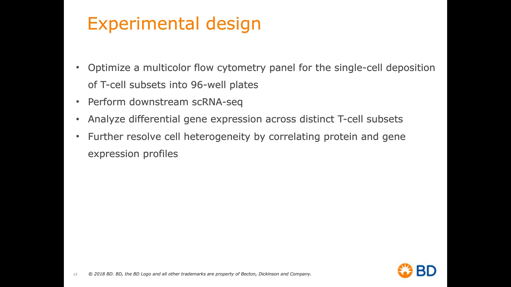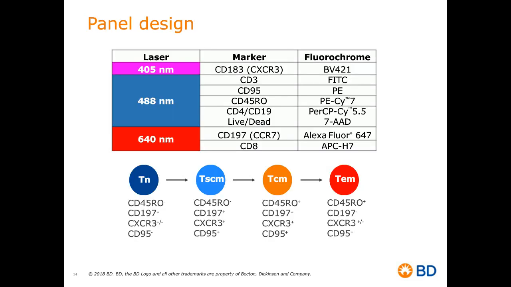Starting from the panel design, we utilized best practice of panel design in order to guarantee maximum resolution and sorting precision of the population of interest by taking consideration antigen density, antigen co-expression, and fluorochrome brightness and spillover.